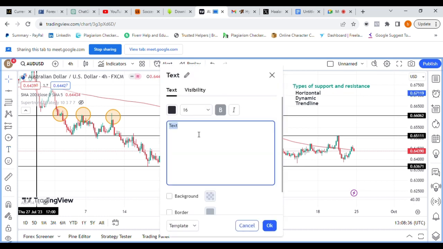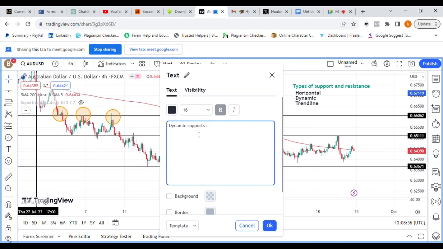Dynamic support and resistance are not horizontal lines, they are not trend lines. They move in a direction, in a curvy direction.